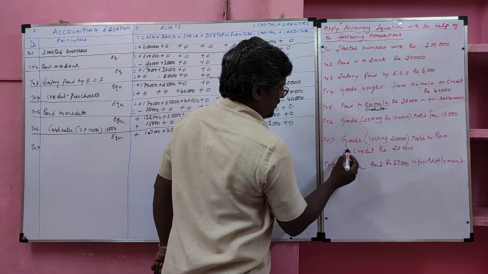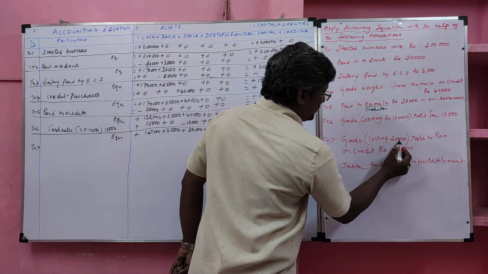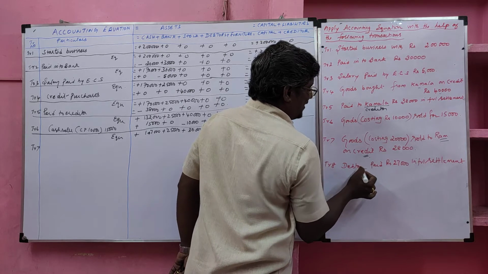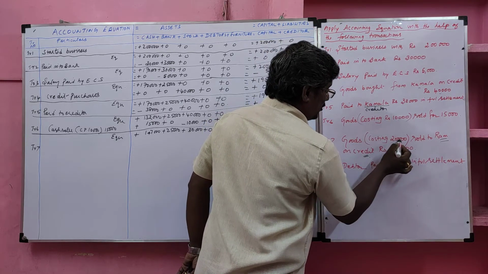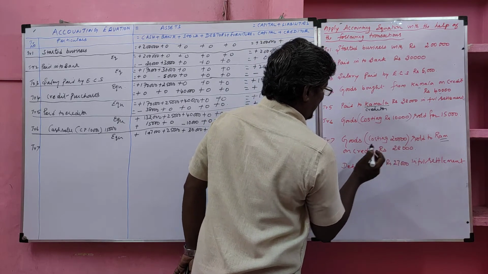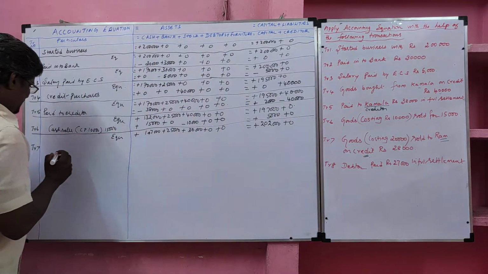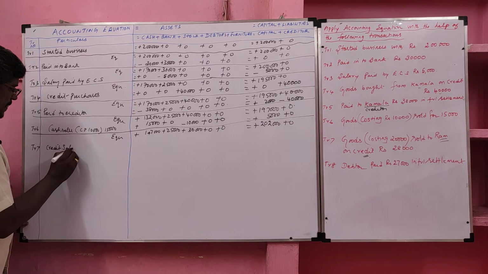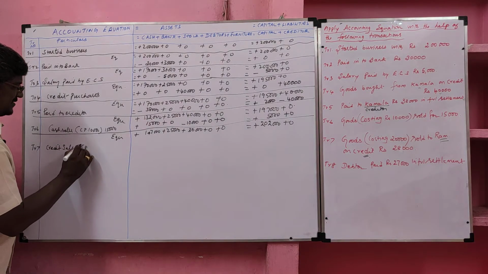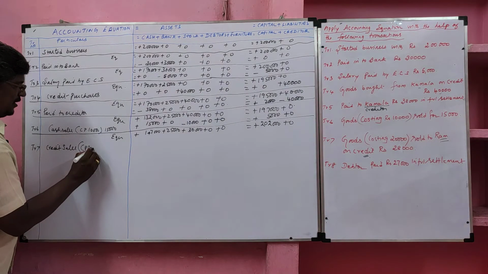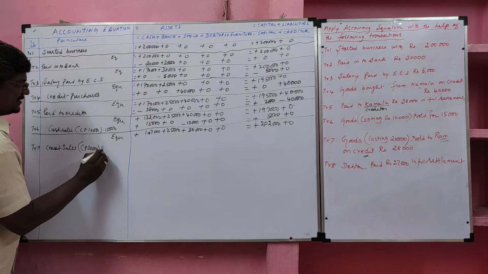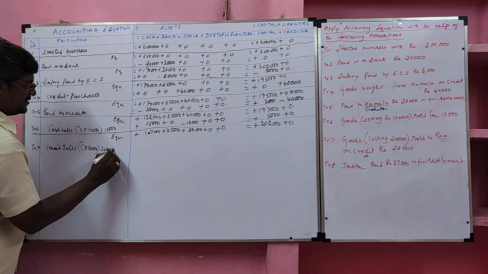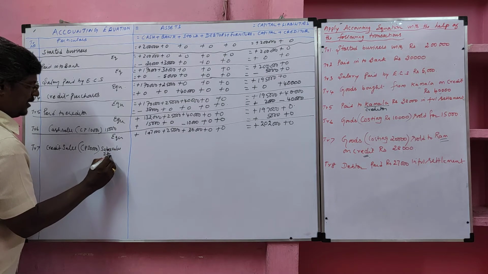Now transaction 7. Goods cost price 20,000, sold to Ram on credit. So this is a credit sale. 20,000 worth of goods sold for 28,000. Cost price 20,000, sales value 28,000.